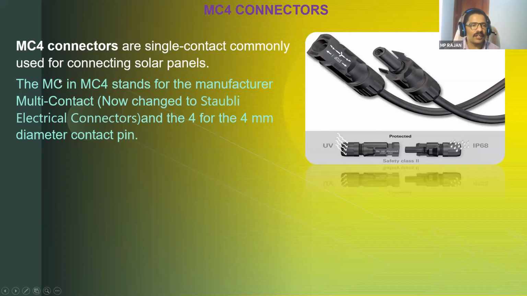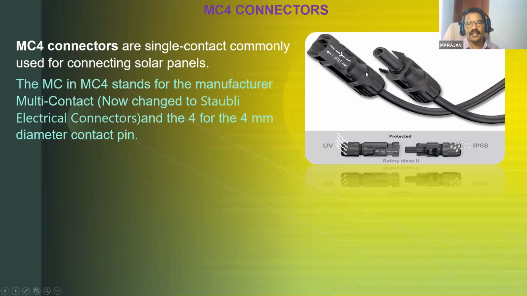This is the name of the company that manufactures the MC4 connector. The company's name is Multi-Contact, so the MC in the name indicates multi contact. Now the name has changed to Stäubli Electrical Connectors.